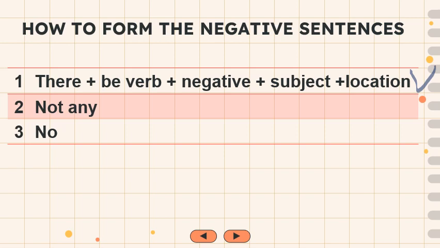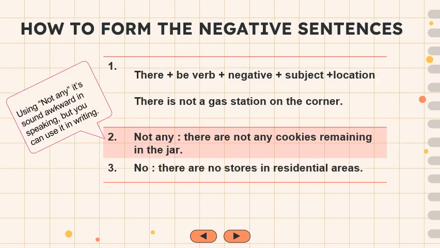Number 2, we can use not any. We can use no. How to form the negative sentences?